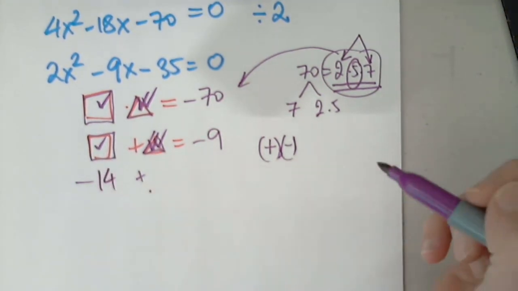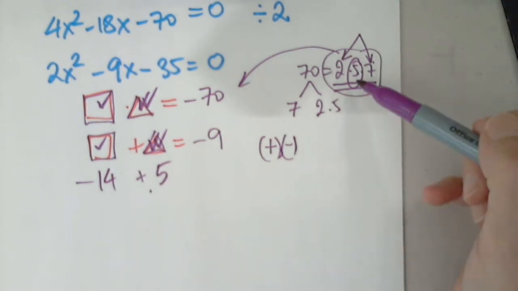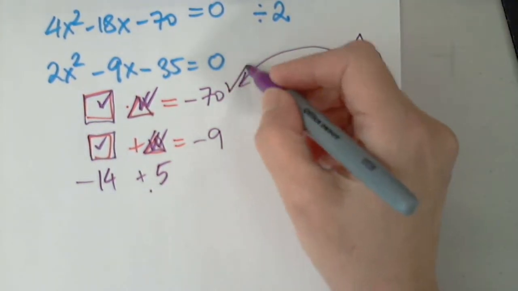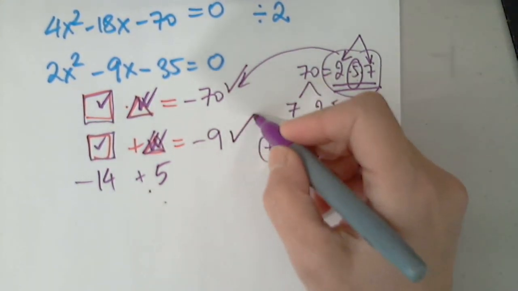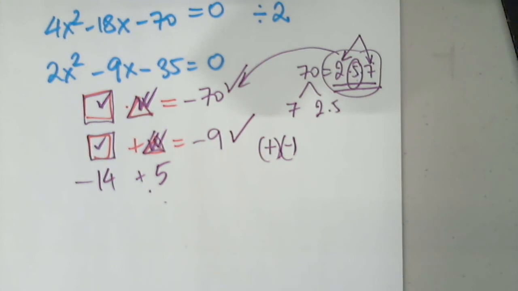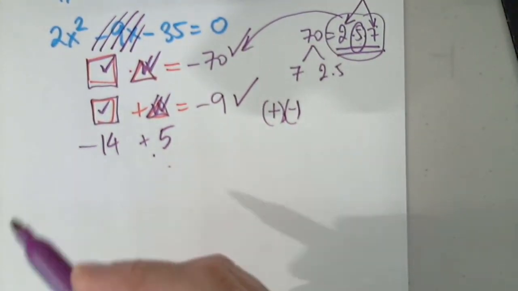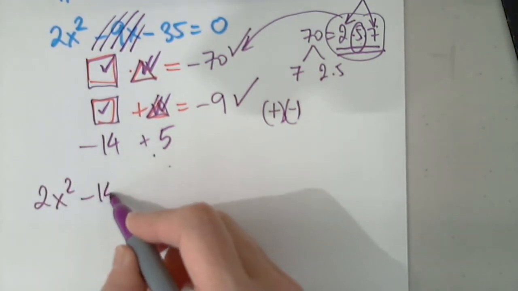So negative 14 and positive 5. 2 times 7 is 14, and then 5. When we multiply these two numbers, we guarantee to get negative 70. When we add these two numbers, it's guaranteed to get negative 9. At this point, we remove this term, replacing it with these two terms.